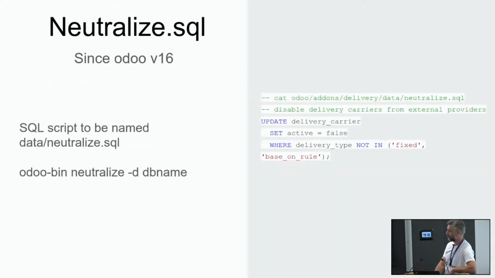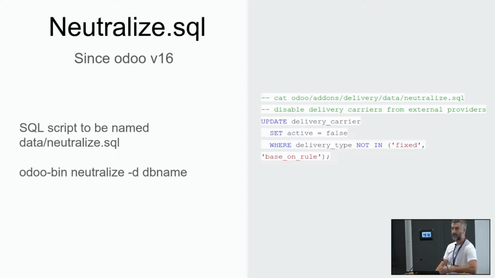So the other solutions, I'll be quick on this one. There is this new thing since Odoo 16, neutralize.sql. You can put a file named neutralize.sql into the data folder of your module, and then you can do stuff like that, disable things, change default names.